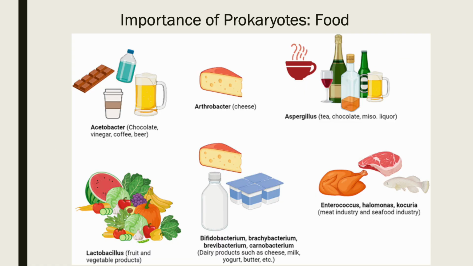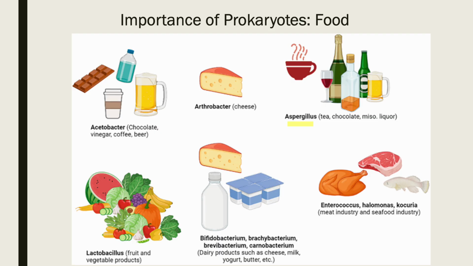They are also very important in our food industry. So Acetobacter is a type of bacteria that helps ferment chocolate, hops to give us beer, even certain types of coffees and liquor. Arthrobacter helps in the cheese making process.